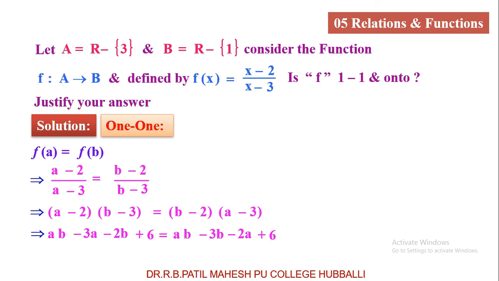After that, cancellation: ab and 6 will get cancelled, ab and ab, plus 6 and plus 6. So if I solve that, minus 3a minus 2b equals minus 3b minus 2a, taking to the left side and solving it, you will get a equal to b. It means it is a one-one function. Images are equal, elements are also equal.